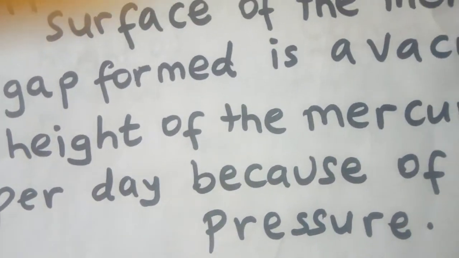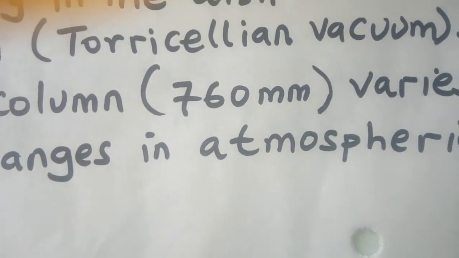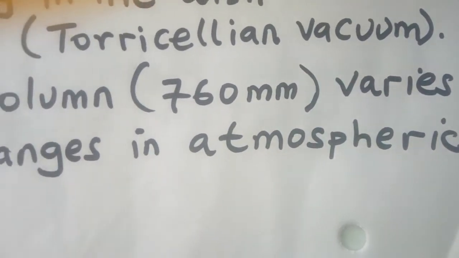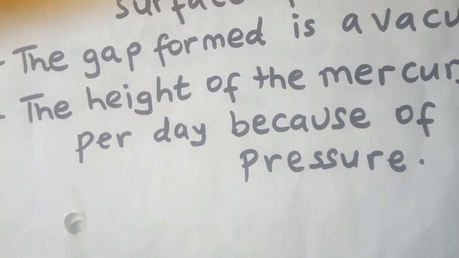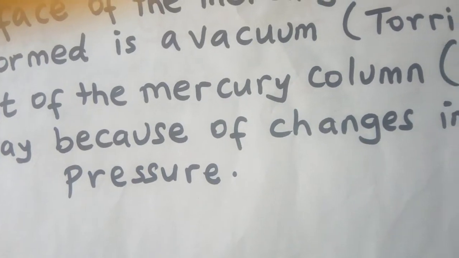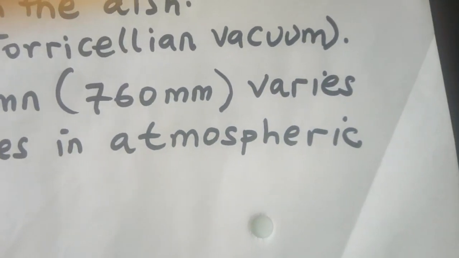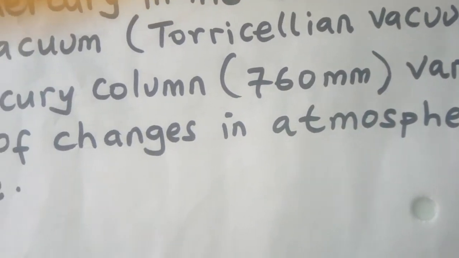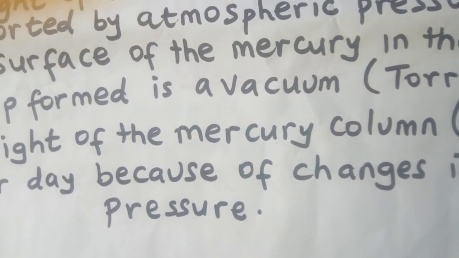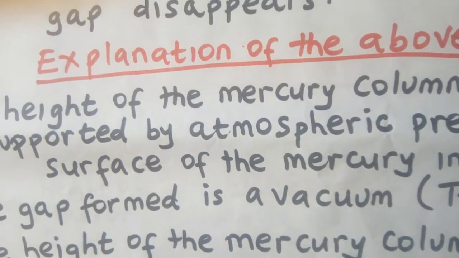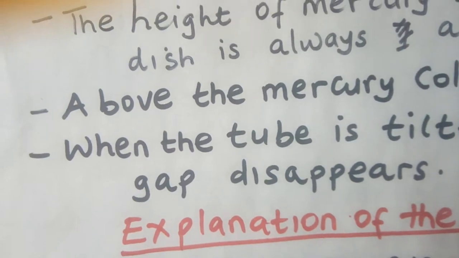Then the height of the mercury column, that is the 760 millimeters, varies. The height of the mercury column varies per day because of the changes in atmospheric pressure. So he realized that the 760 millimeters height always keeps on changing.